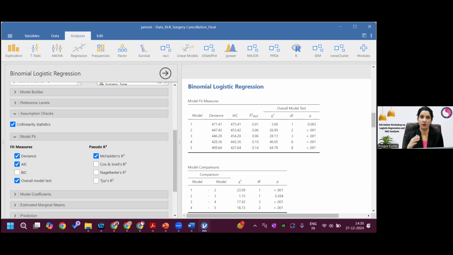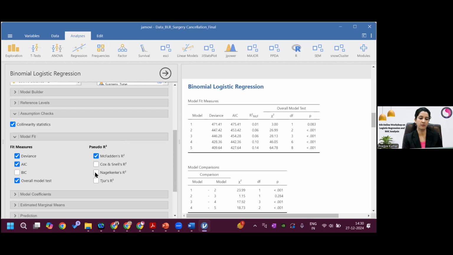According to the recent literature, McFadden is the best, so we don't use Cox and Snell and Nagelkerke now. I don't know of any situation in the literature where you should use Nagelkerke and in another situation McFadden. There is no such thing available.